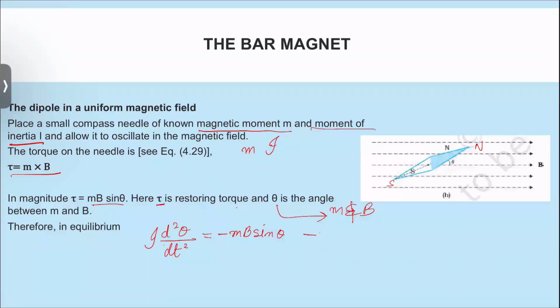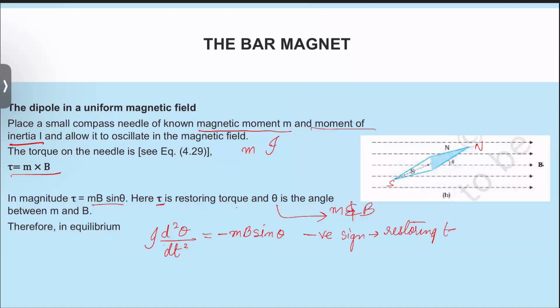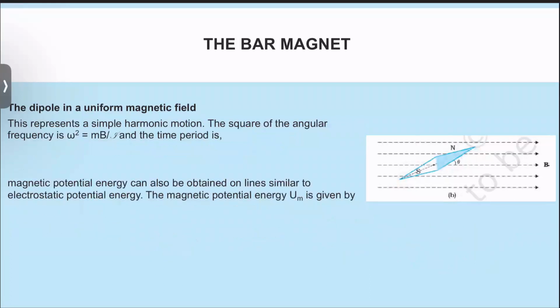The negative sign denotes that the restoring torque, tau, is in the opposite direction to the deflecting torque.